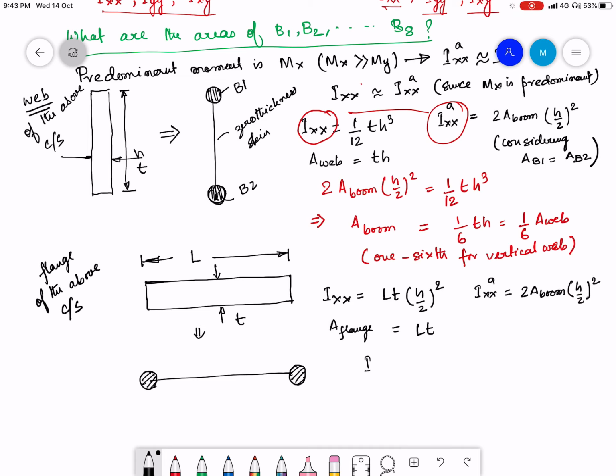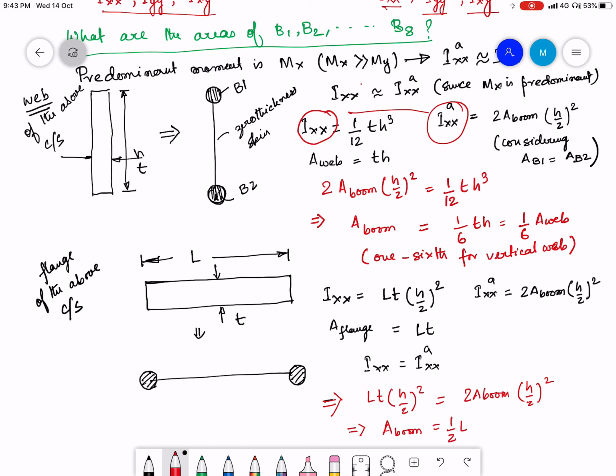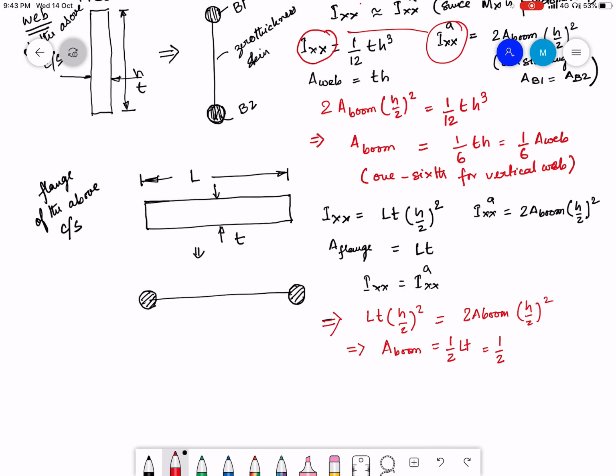If I equate Ixx, I get L t h by 2 whole squared, which is going to give me a boom of half of L t, which is half of the area of the flange.